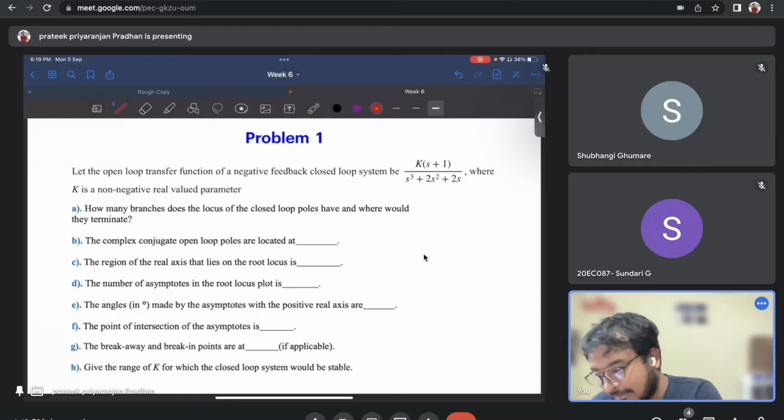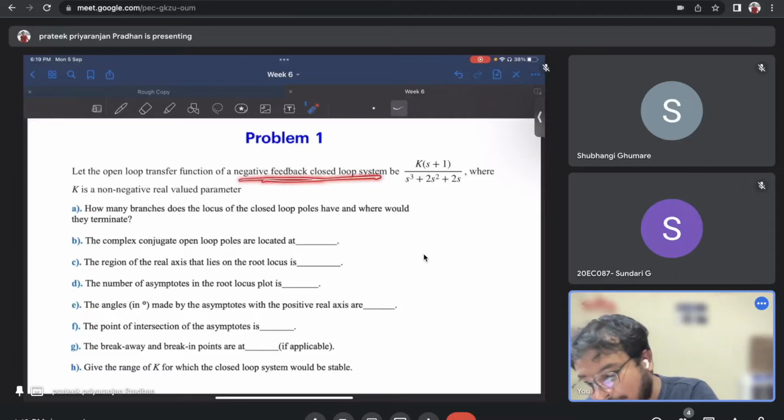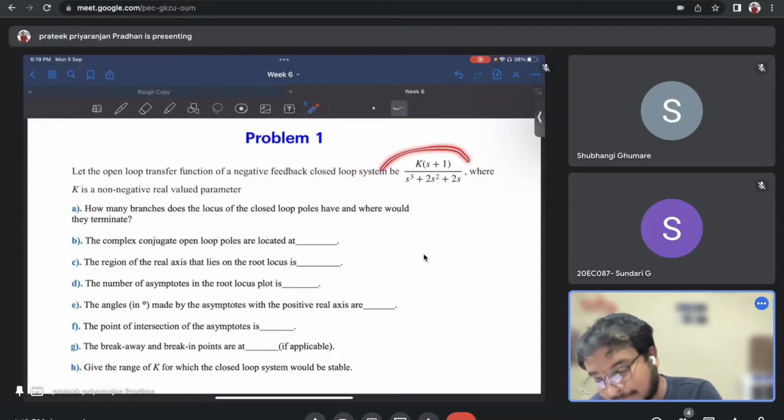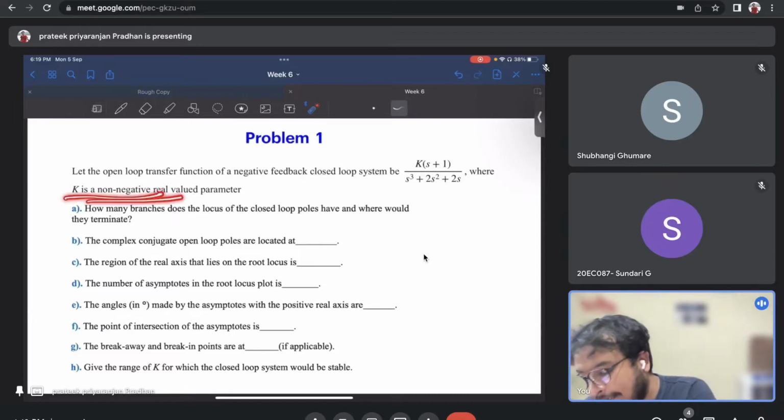The question says: let the open loop transfer function of a negative feedback control loop system be this one, and K is a non-negative real value. This is very important: K is greater than or equal to 0.